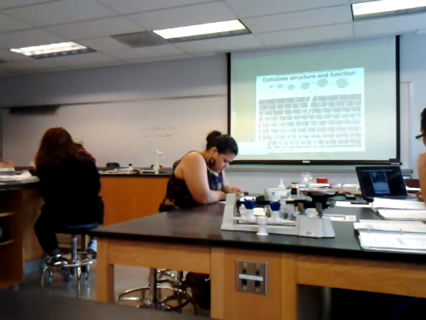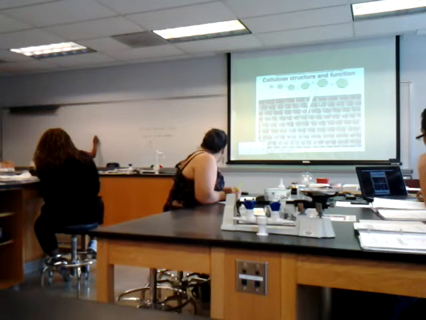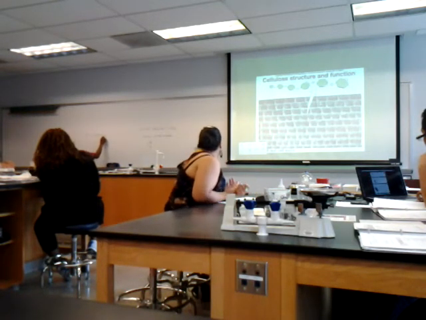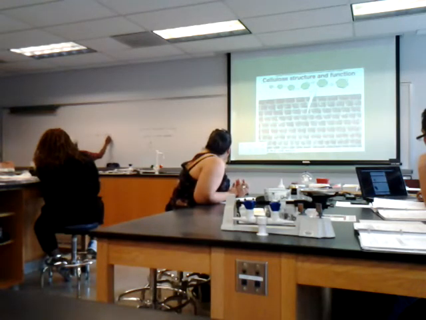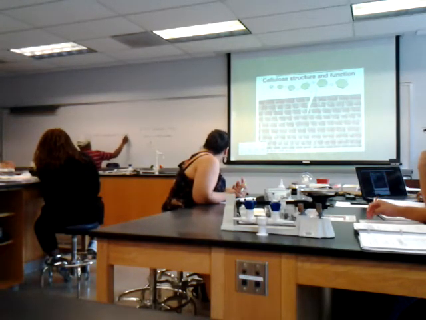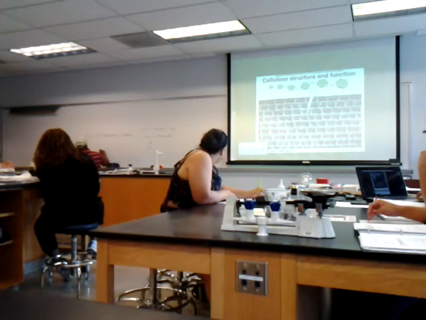What monomers are we going to use to build lactose? One glucose unit, plus what? Galactose. And that's going to produce the sugar in milk called lactose. Now, what sort of reaction is this?